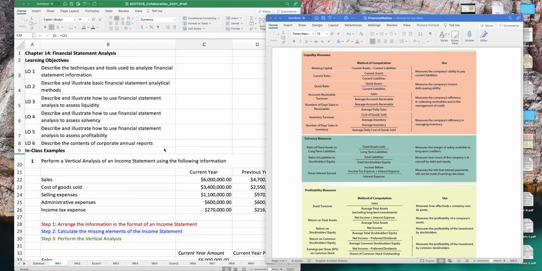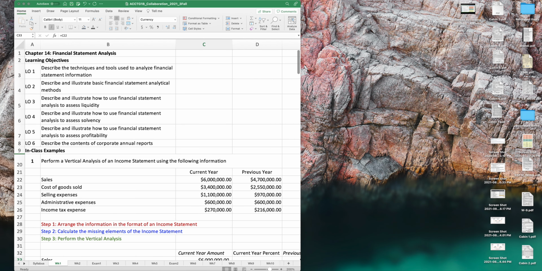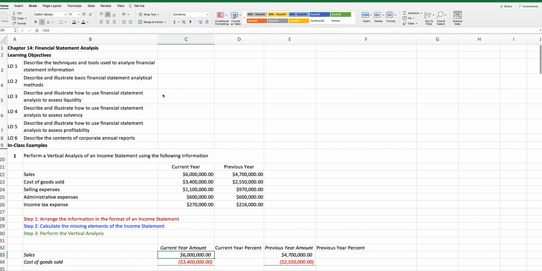The second analysis will be a horizontal analysis. And then our third problem set will look at various financial analyses to include working capital, accounts receivable turnover, and asset turnover. So I'm going to drag the financial ratios one-pager off to the side, and I'm going to expand our Excel so that we can focus on it.